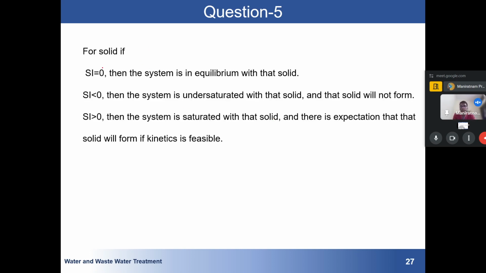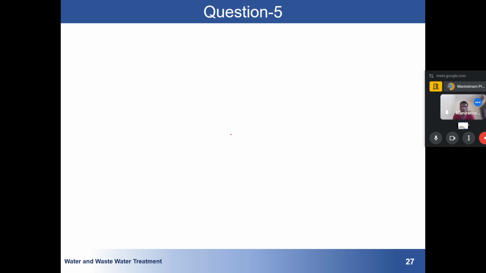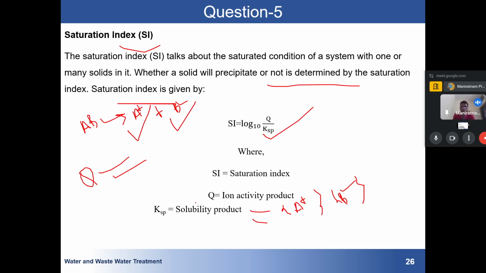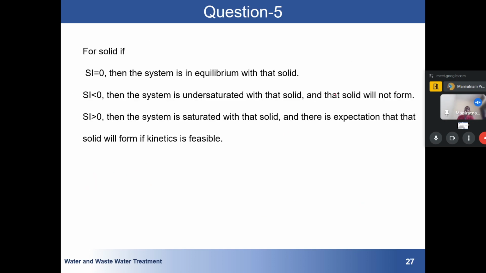Now when SI is equal to 0, it means Q is equal to KSP, so at this time the system is in equilibrium with that solid. That solid can be AB.